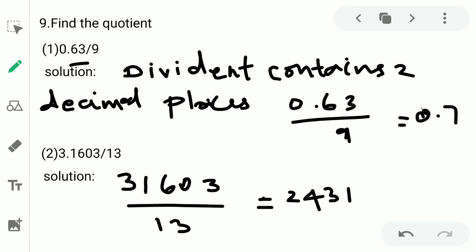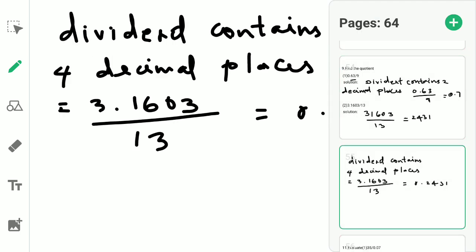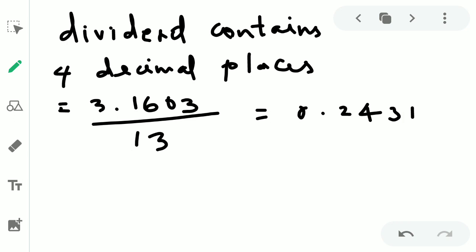The dividend contains 4 decimal places, so I am dividing with decimals. 3.1603 divided by 13, you will get the answer as 0.2431.